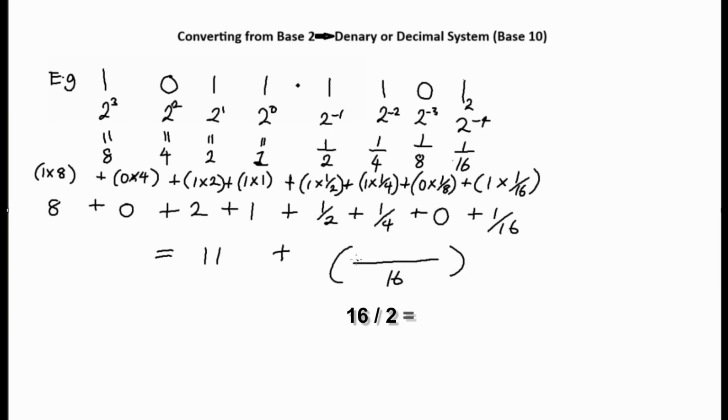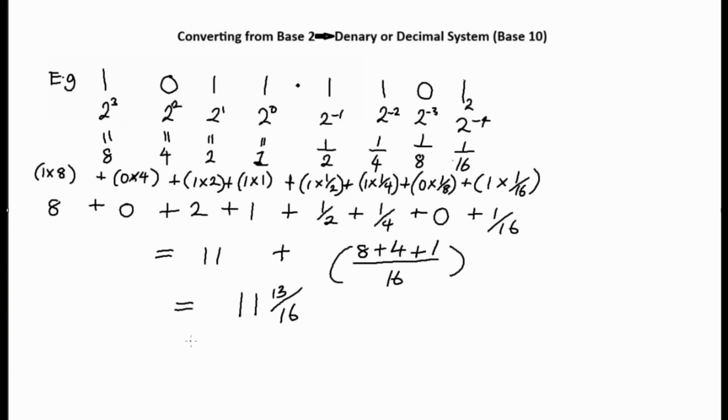So 16 divided by 2 is 8. 8 times 1 is 8, plus 16 divided by 4 is 4. 4 times 1 is 4, plus 16 divided by 16 is 1. 1 times 1 is 1. Then if we add up the fraction plus the whole number, we'll get 11 whole number, 13 over 16.